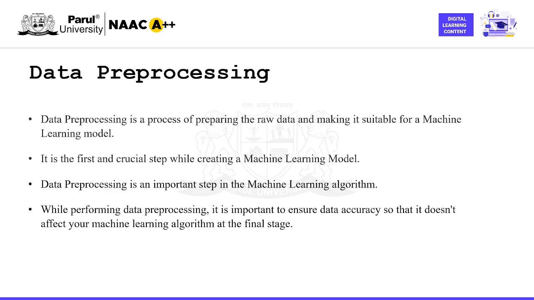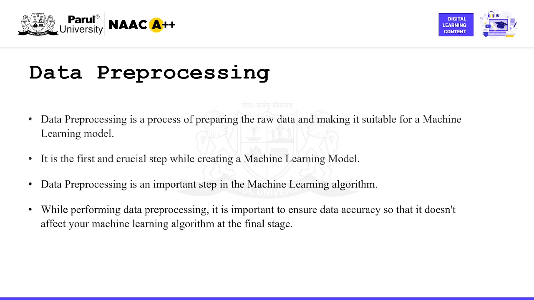Suppose you are going to prepare a model for any type of problem. Then, first of all, you need to provide the data. And before providing the data, we guarantee the data is correct.